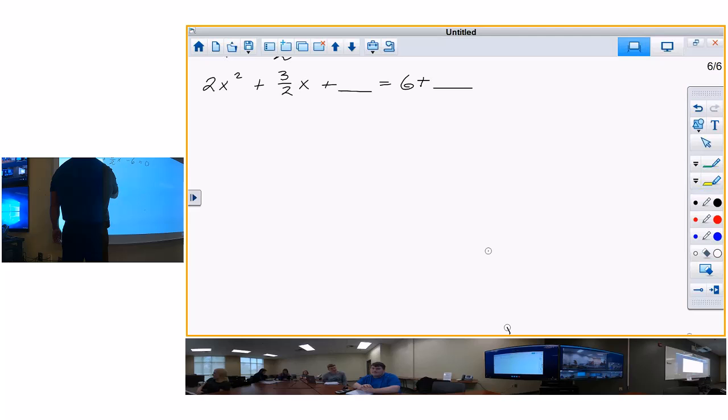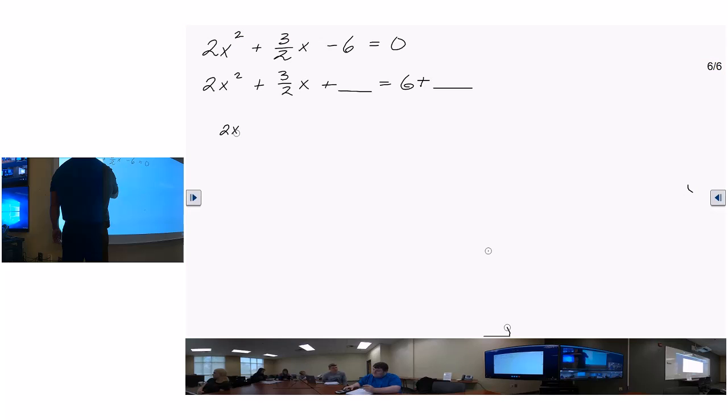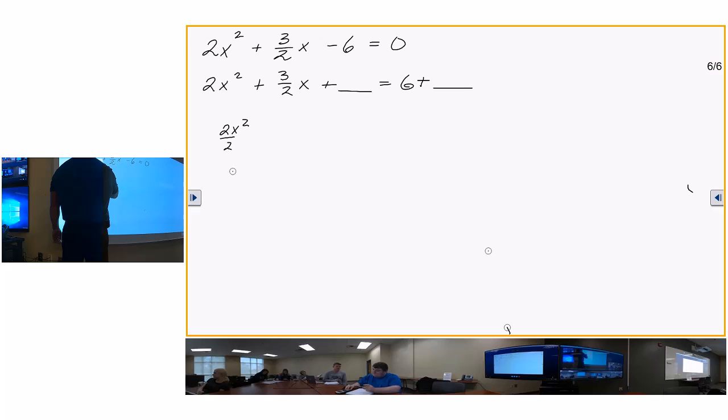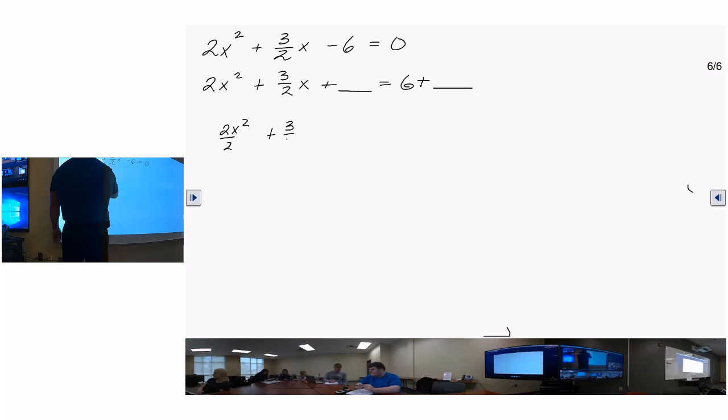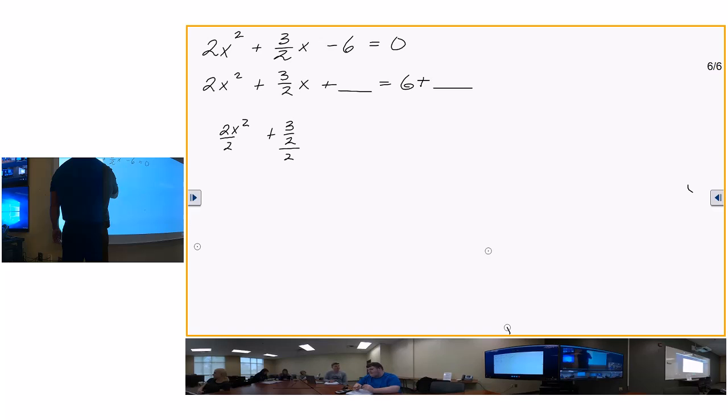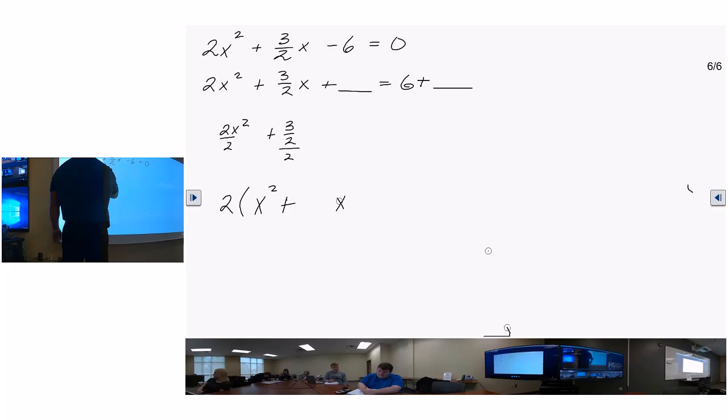When you factor, what are you doing? Multiplying or dividing? Dividing. I'm going to do 2x squared divided by 2 and plus 3 halves divided by 2. That's what I'm doing when I'm factoring, right? Except when I factor, I bring the 2 out here, and then write the x squared here, and then something x.